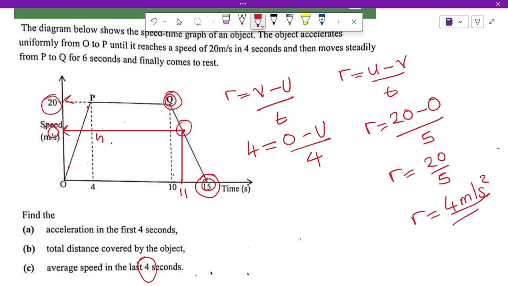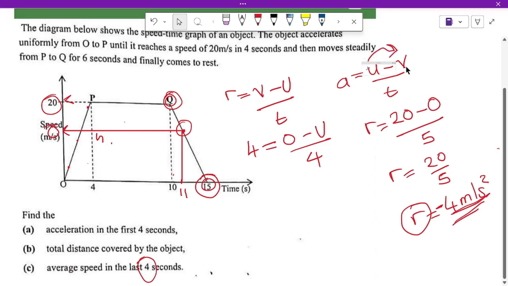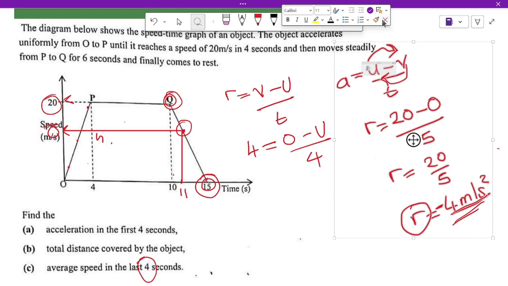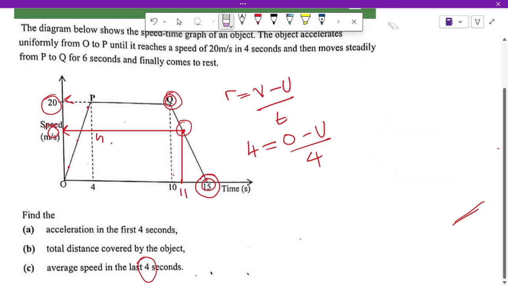So when you're using retardation, it's supposed to give you a positive value, since you are already saying this is negative acceleration. But when you're using acceleration, that's when you're going to get a negative answer. So meaning these values will swap. The u will come this side, and then the v will come that side. Please don't get confused. When you say retardation, just make sure you start with a u, and then the v should be on the right side.